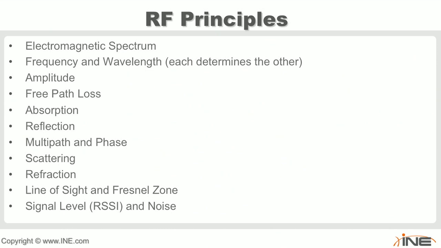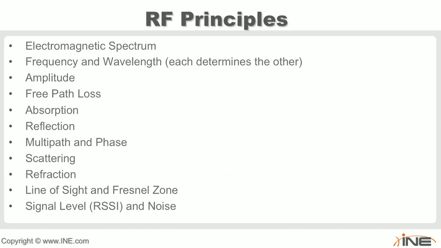We're going to take a look at something called amplitude, something called free path loss. We'll take a look at the phenomena known as absorption and reflection. We'll also look at multipath, and how a wireless signal, really any radio frequency or even audible frequency, has something called phase.